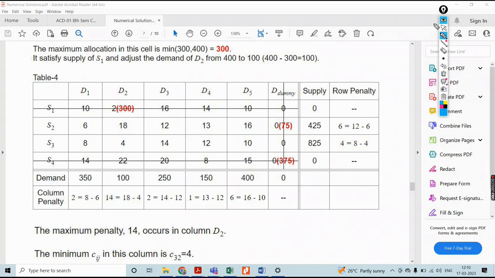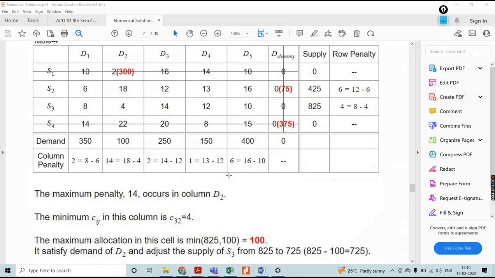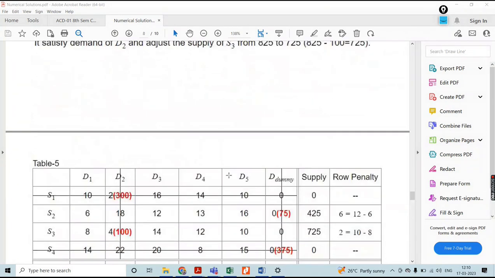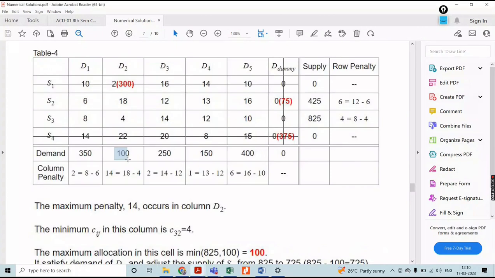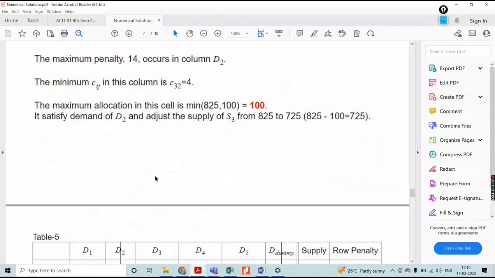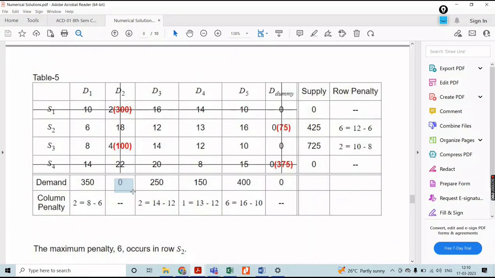Next, how many quantities are there in this particular row? 100. What is available? 825. This 100 will become 0. 825 minus 100 is 725.